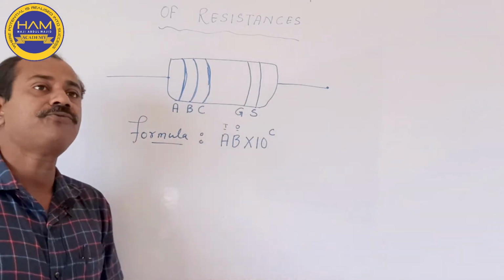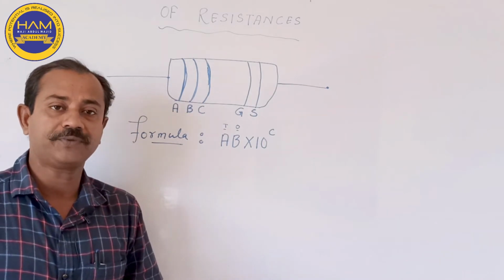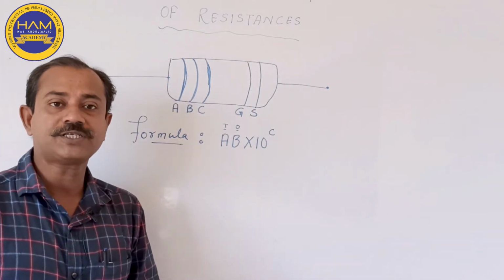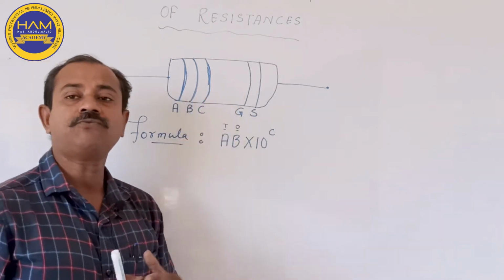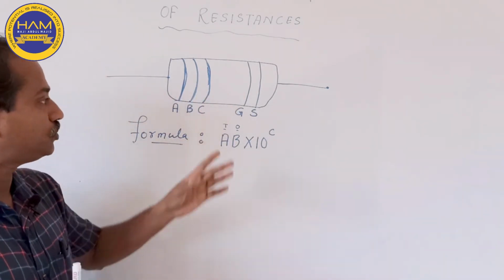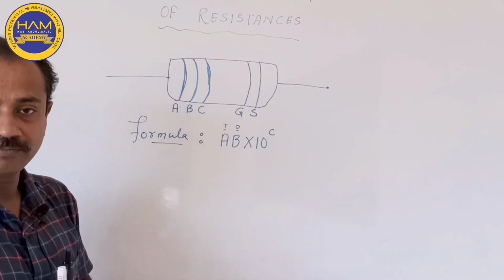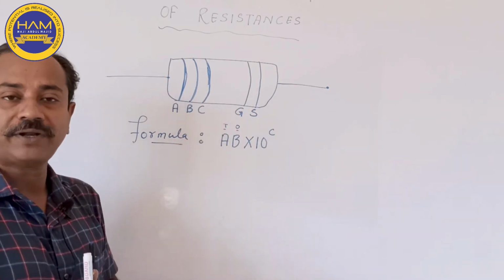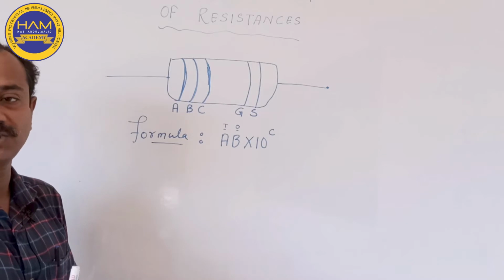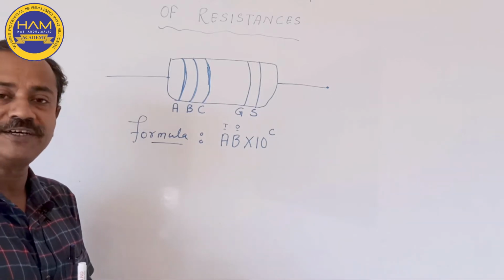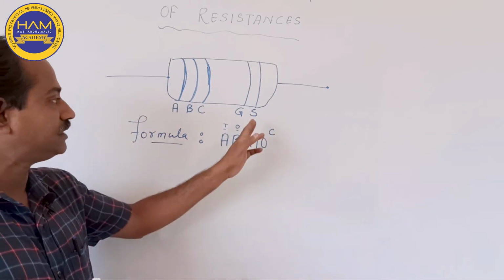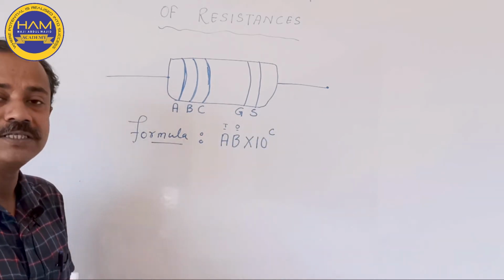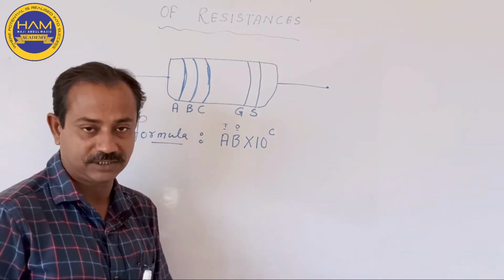For example, if it has a gold band, it offers you 5% tolerance. That means if the maximum voltage which can be given to this resistor is 1 volt, this resistor can operate plus minus 5%, that is 0.05. That means 0.95 volt to 1.05 volt. The silver offers plus minus 10% tolerance.